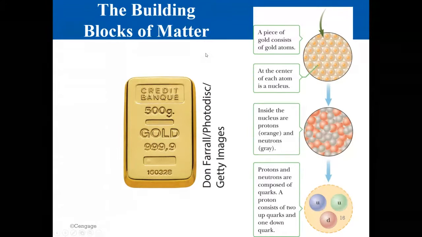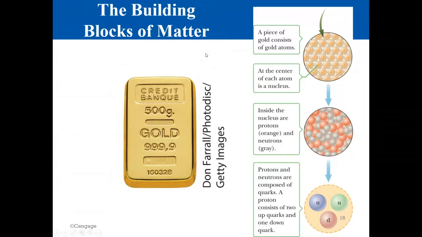Now, a few words about matter. If you take this piece of gold and split it into 2, the mass will be less for each one of them, but the chemistry will remain the same. The structure in each one will remain the same.